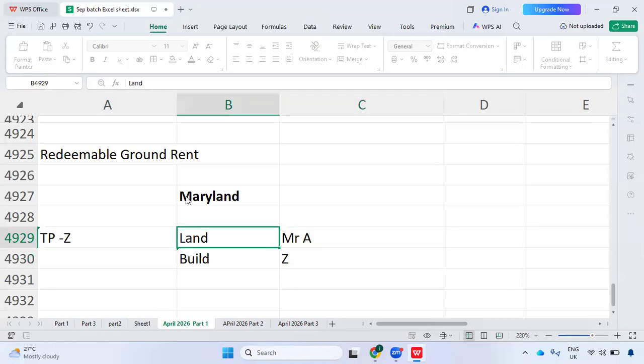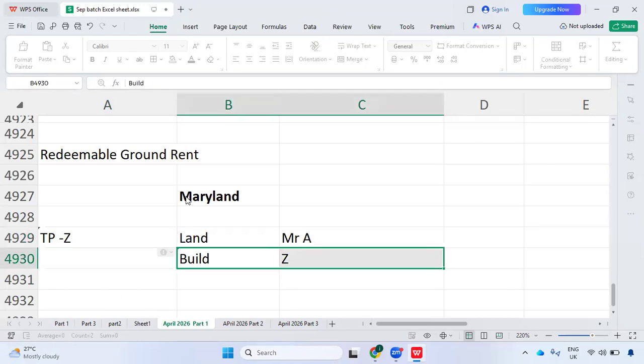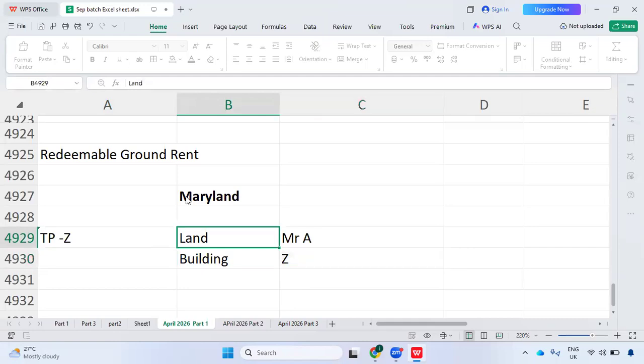So Mr. A is the owner of the land and G is the owner of the building. Every year he needs to pay some ground rent fee, because for the land he needs to pay ground rent. This fee he needs to pay every year, right?